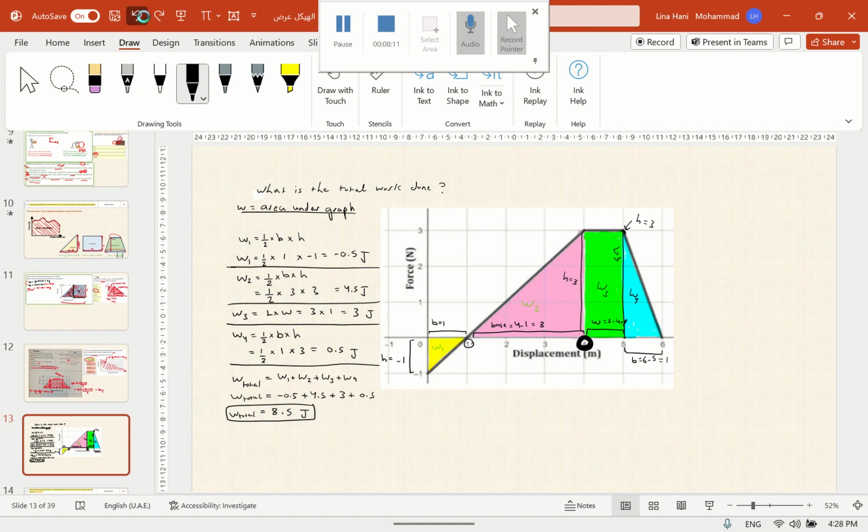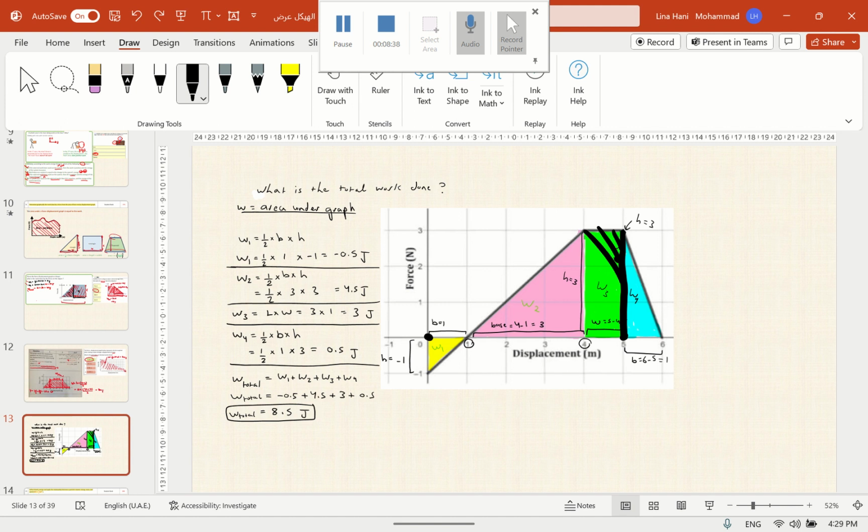If the question says only during the first 1 meter, you stop here and you only find the area of the first triangle. If the question says find the work done during the first 5 meters, that means from 0 all the way to 5. So you stop here. You find the area of this rectangle, this triangle, and you add them together.